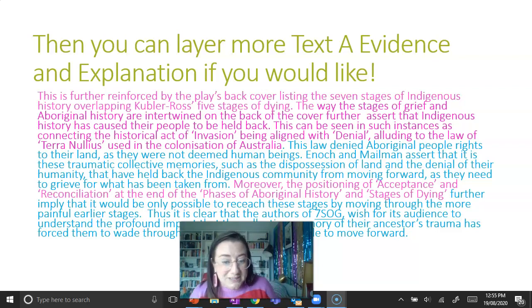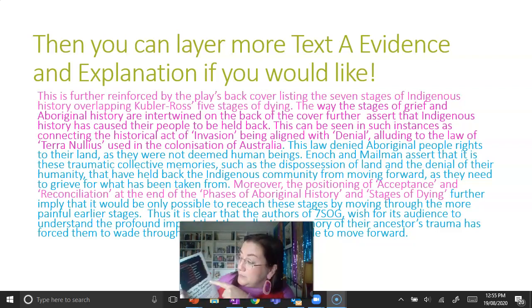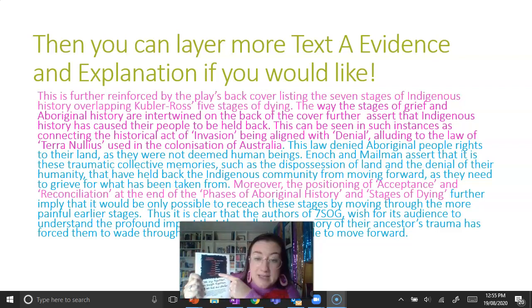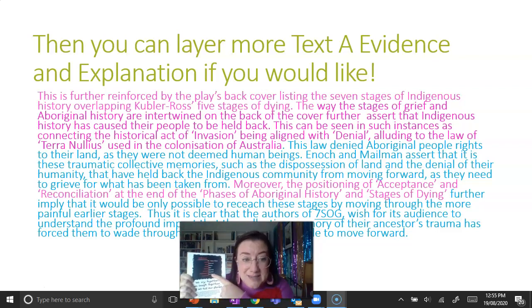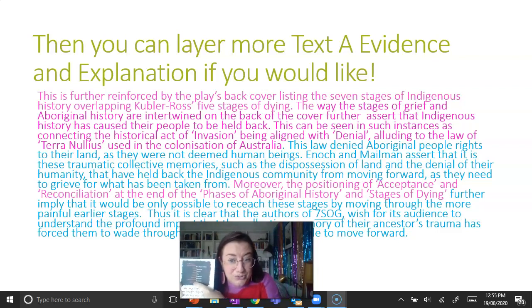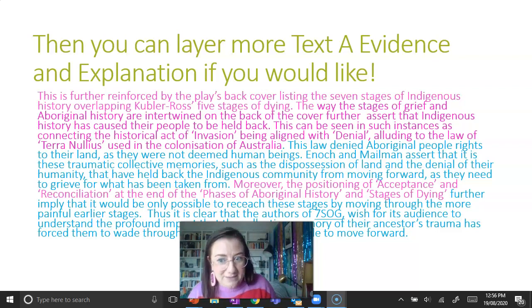Moreover, the positioning, and I'm still talking about this back cover, the positioning of acceptance, there's acceptance there, the positioning of acceptance and reconciliation at the end of the phases of Aboriginal history and stages of dying, again, that was my evidence, further imply that it would be only possible to reach these stages by moving through more painful earlier stages.